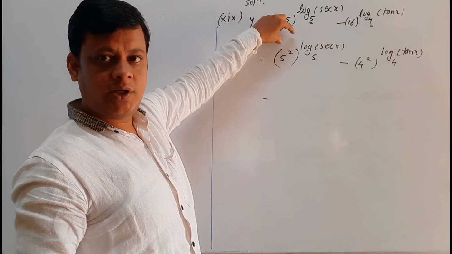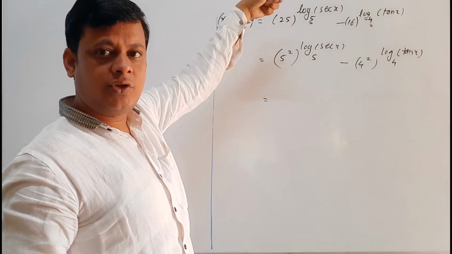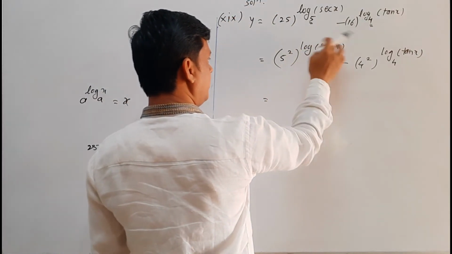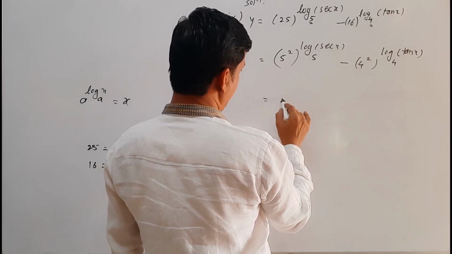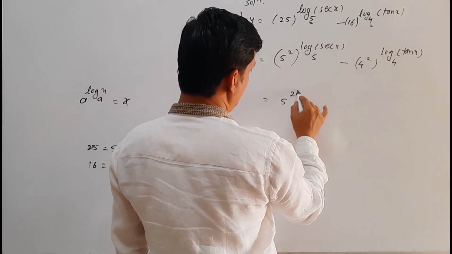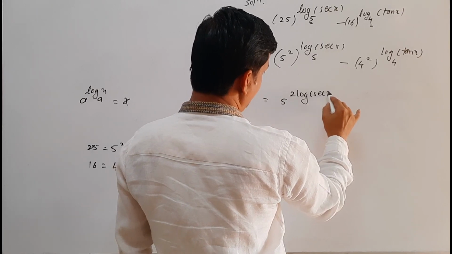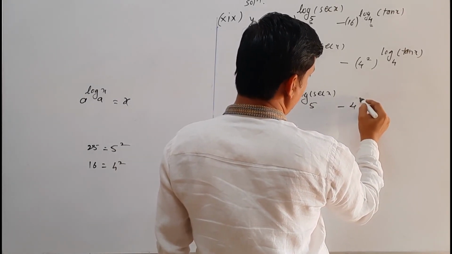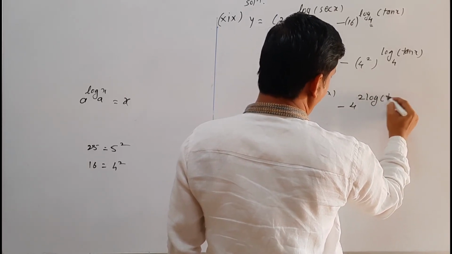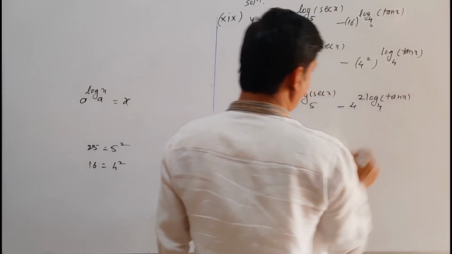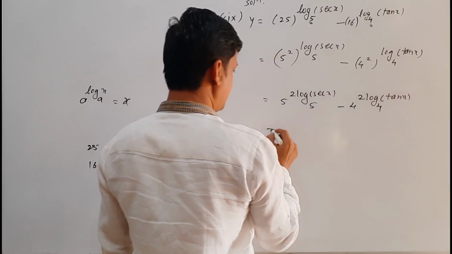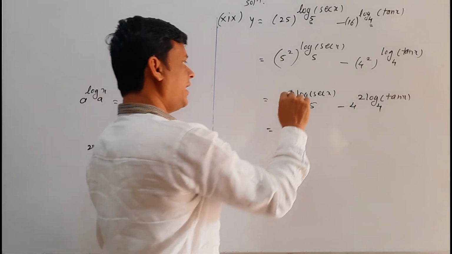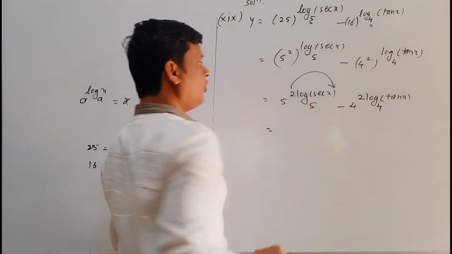Now we use a raised to the power m raised to the power n, so we write these two in multiplication. We write 5 raised to the power 2 log of sec x to the base 5 minus 4 raised to the power 2 log of tan x to the base 4. Now we write these two in power form.